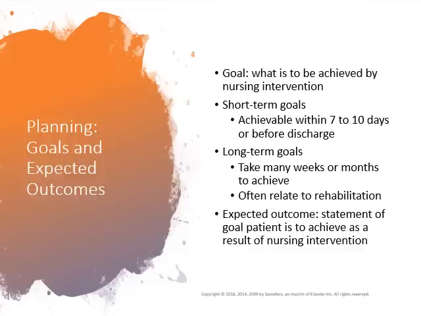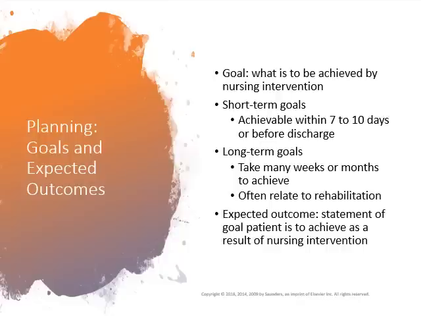So in your planning, you want to identify goals and expected outcomes. Goals are what is to be achieved by your nursing intervention. Short-term goals are achievable goals within 7 to 10 days or before discharge. Your long-term goals are those goals you have set forth for your patient that may be achieved within weeks or months.